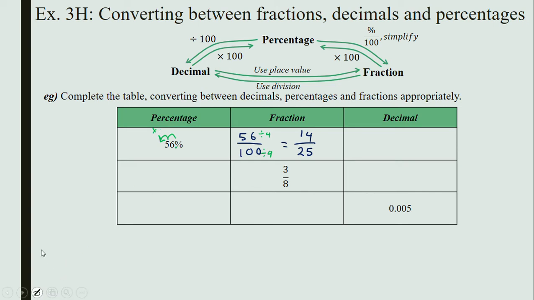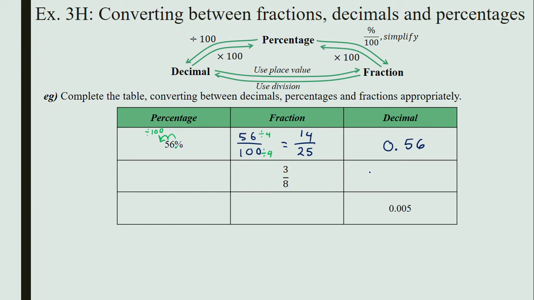I've written the wrong symbol. Dividing by 100 will give us 0.56. And that's really all there is to converting percentages to fractions and then to decimals.